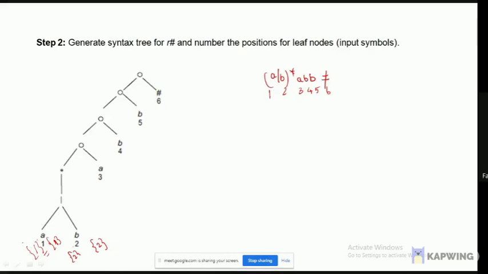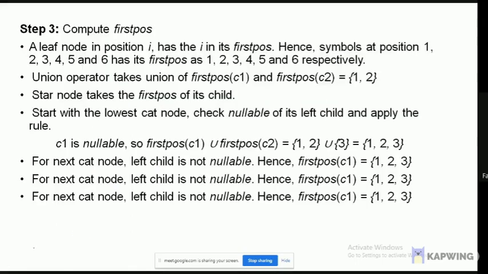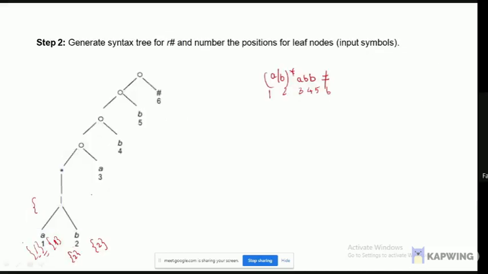Now here, what is first position of this OR operator? Either it will generate a string from A or it will generate from B. So there is a chance to have the symbols from the first position of the left hand side or the first position of the right hand side. So what are the symbols we are having in this first position? 1, right?